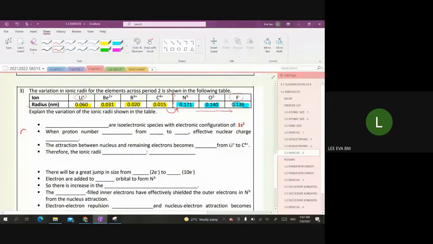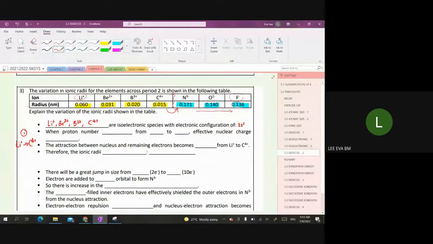Part yang pertama kita ceritakan daripada lithium sampai carbon 4 positif. Okay, so looking at this one, are isoelectronic species with electronic configurations of 1s2. So from Li positive, beryllium 2 positive, boron 3 positive, and carbon 4 positive are isoelectronic species.